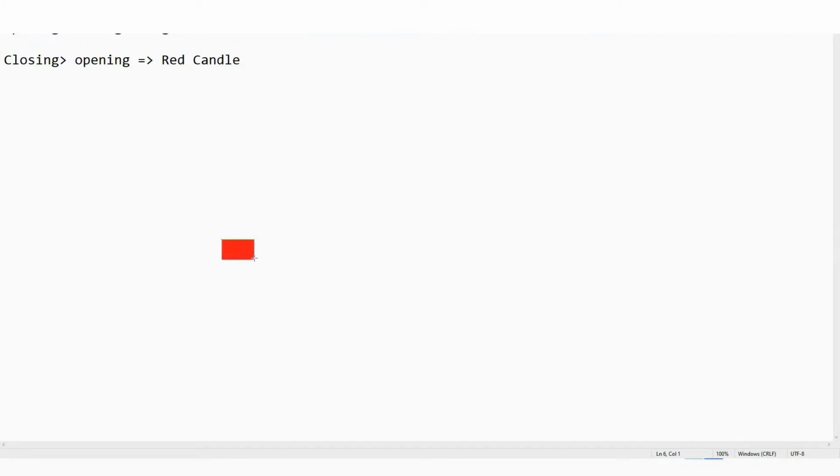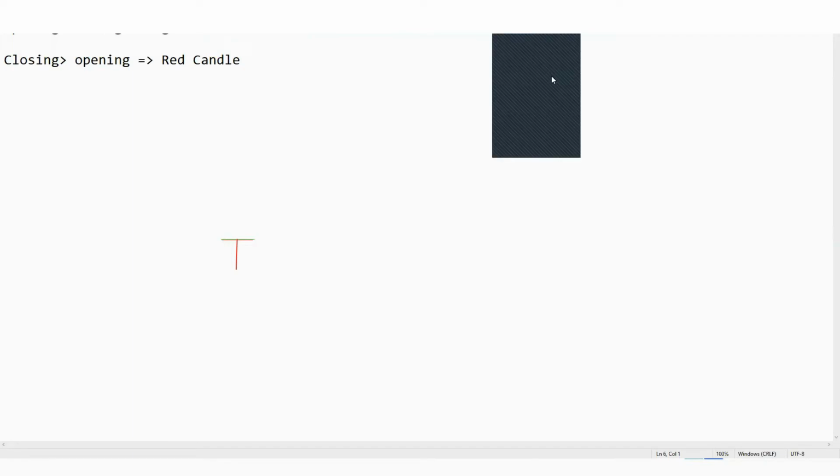After that, it moves away, then you will see it like this. You will get a bottoming tail over here. That should be in red whenever it is below the opening, and whenever it crosses the opening, that will be green, and again it will start moving up.